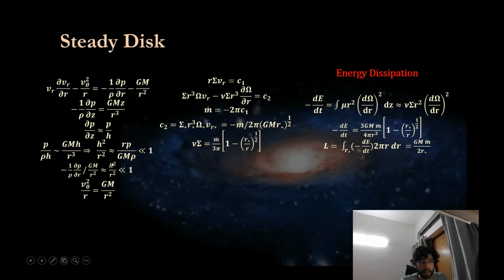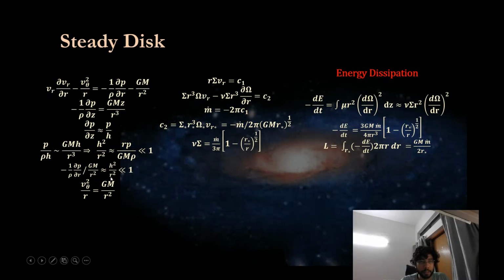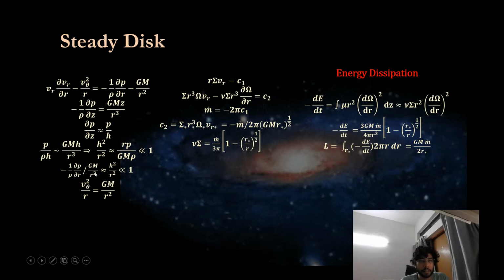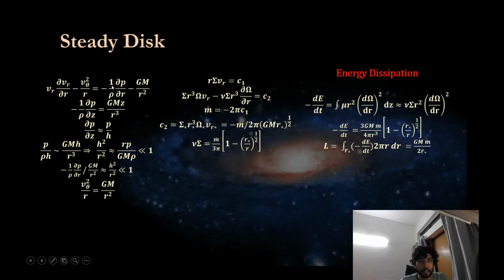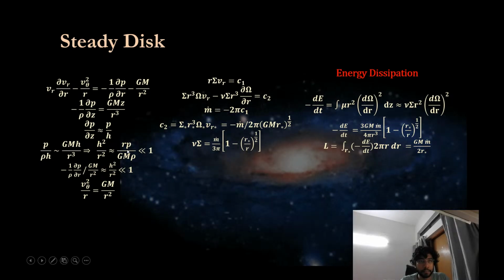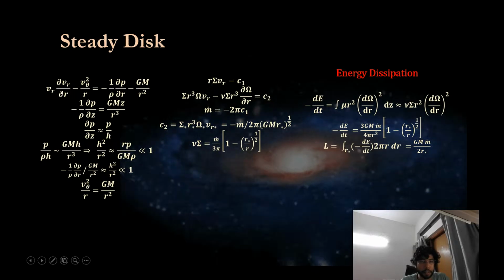This turns out to be of the order of h square by r square again, and this will be much less than 1. So what this says is that this term is much less than this term, so this term can be neglected in a thin disk approximation.